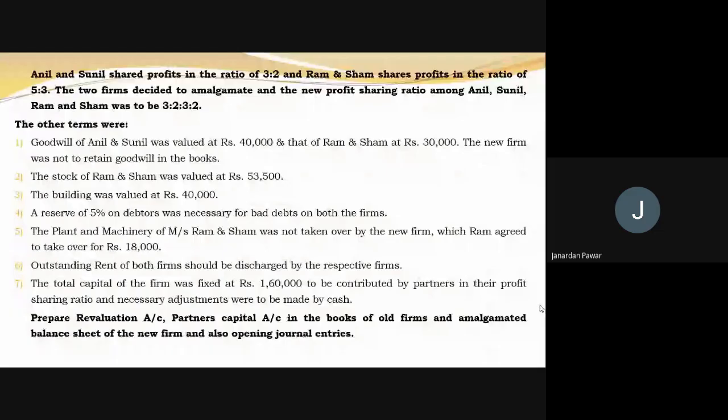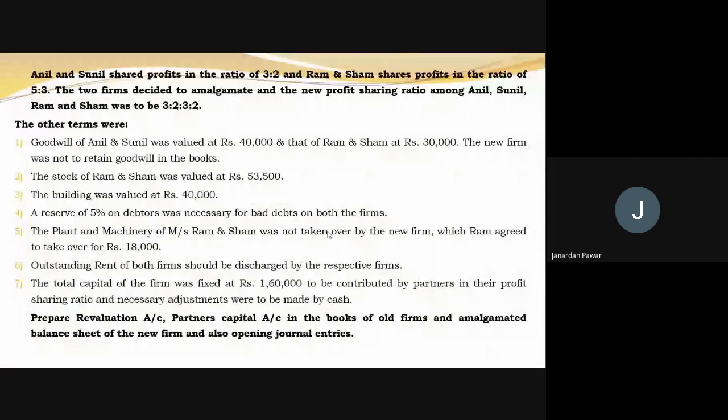The two firms decided to amalgamate, and the new profit sharing ratio among Anil, Sunil, Ram and Sham was to be 3 is to 2 is to 3 is to 2. So this will be the new profit sharing ratio among the four partners after amalgamation.